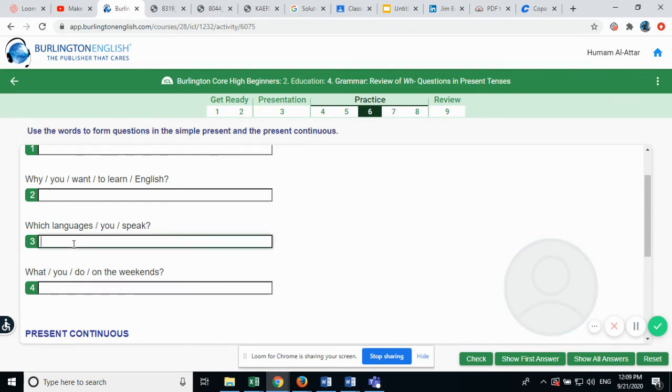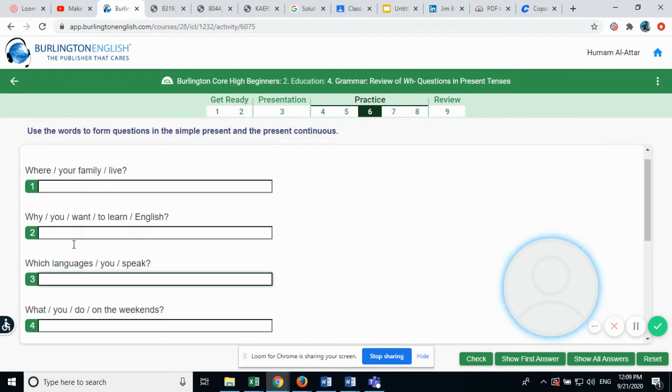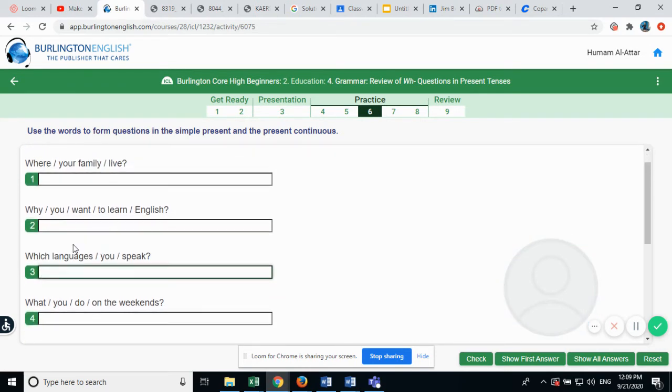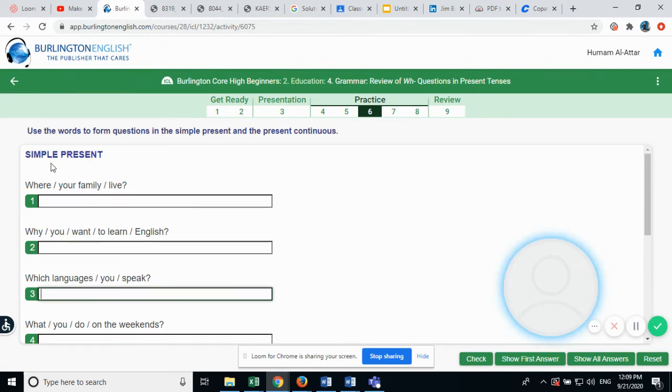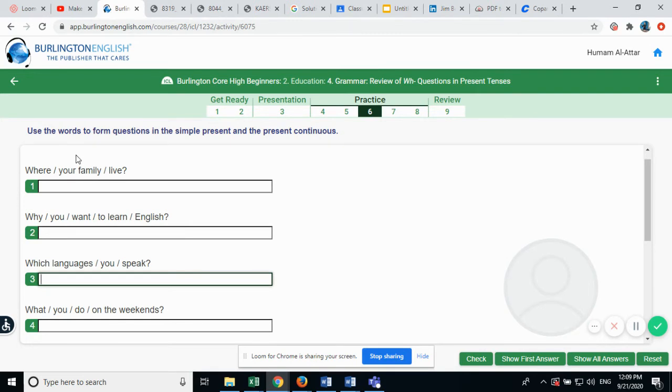Now, since I formed the question from this one, remember in these four questions we need to use simple present. So, which languages do you speak?